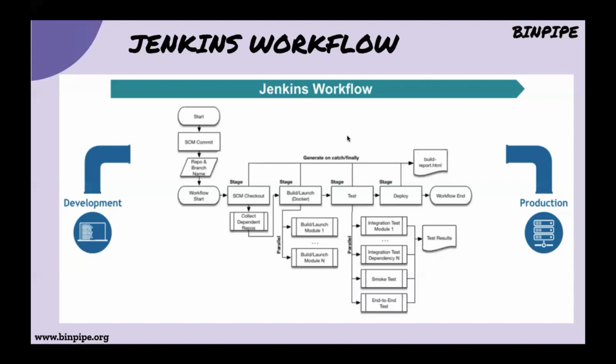Once they test it manually and push it back again, the deployment happens. If they find a failure, it stops there and they send feedback to development. So it comes back again until it's passed. That is how the Jenkins workflow works, and that is how CI/CD works.